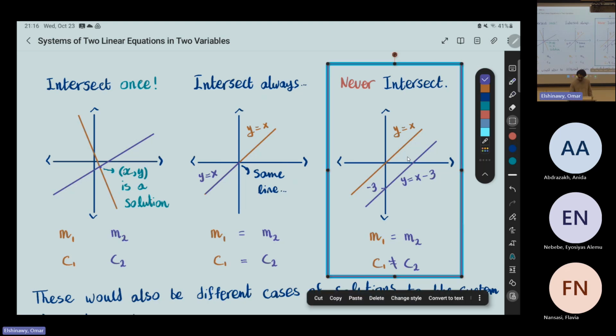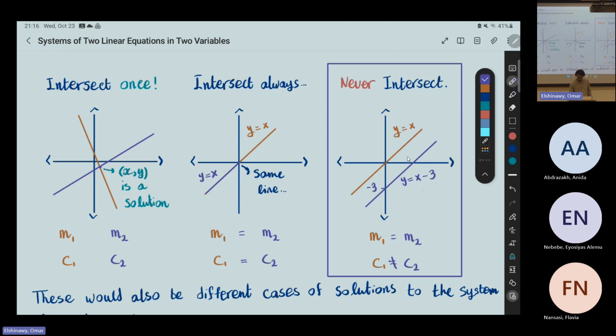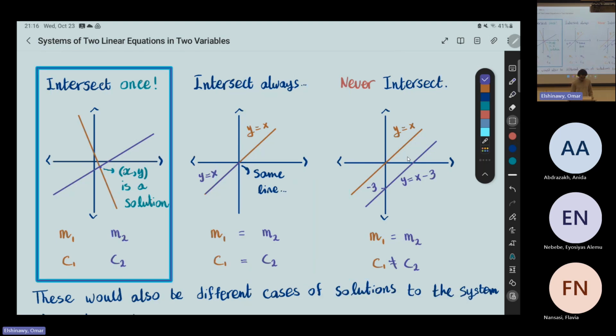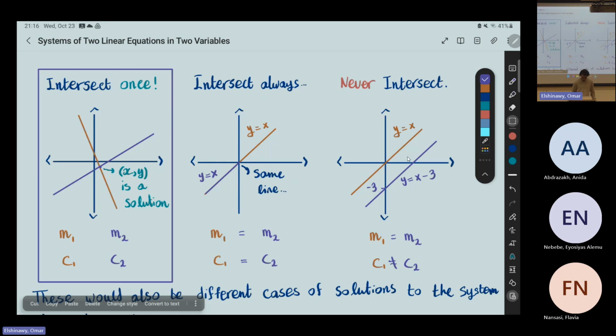Here I use an example of y is equal to x and y is equal to x minus 3, for example. So these two lines will never intersect. Now going here, lines which intersect once. What can you say about those?